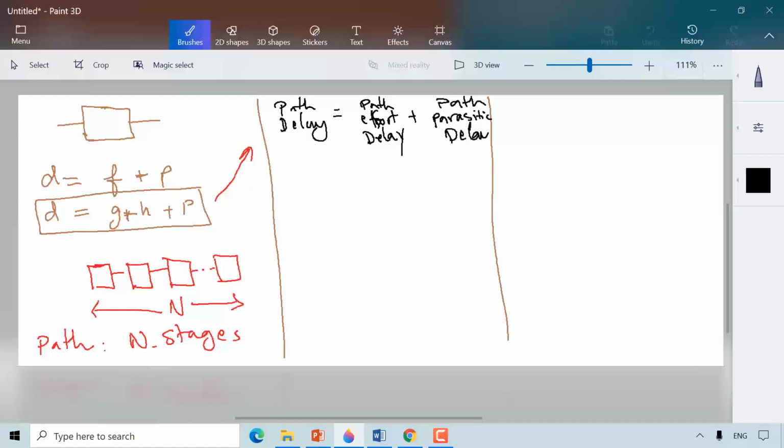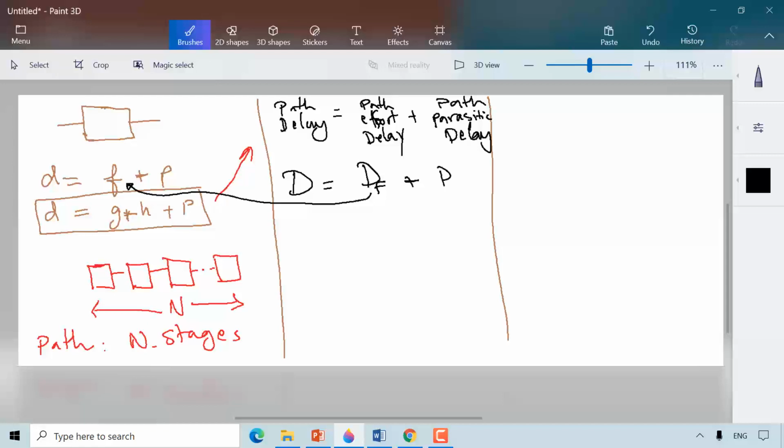We will call this the delay for the path equals the effort, notice that the F is similar to this F here, plus the parasitic delay.